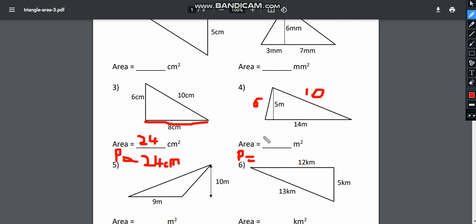Okay, so that's that one. And then for the area of this one, what would it be? So half the base, which looks to be 14, and the perpendicular height they've given to us is 5. So half of 14 is 7. 7 times 5 is 35. So it's going to be 35 meters squared. Okay, and then what is the perimeter?